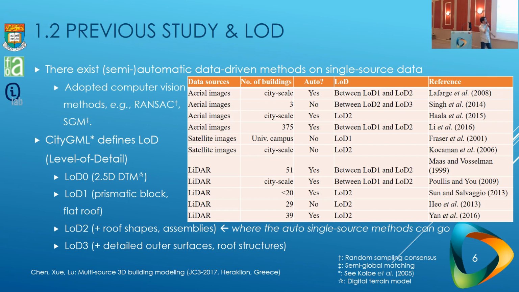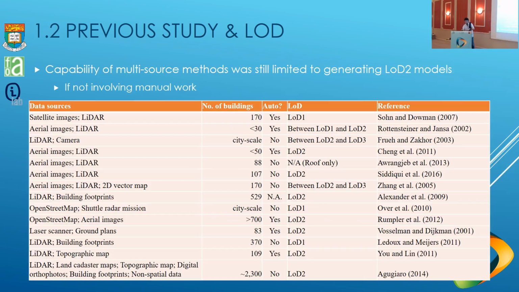For the single-type methods, as we list here, the average LOD, meaning level of detail, is around LOD2. That means we can have prismatic blocks and some roof shapes, but no further improvement here. And for the multi-source, still LOD2. And if you add some manual work, it can be LOD3 partially.